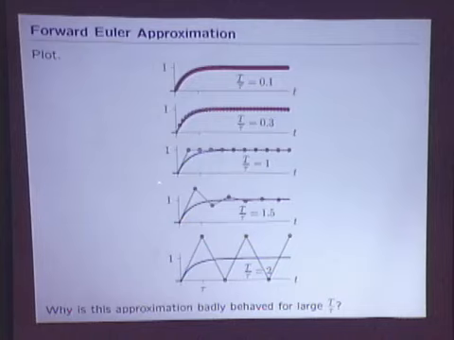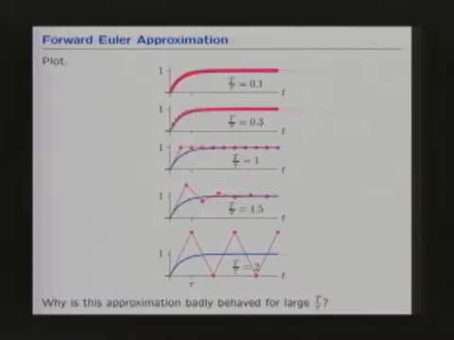The blue curve represents the solution to the leaky tank problem, the continuous problem: 1 minus e to the minus t over tau, quantity u of t. So that's the blue line.